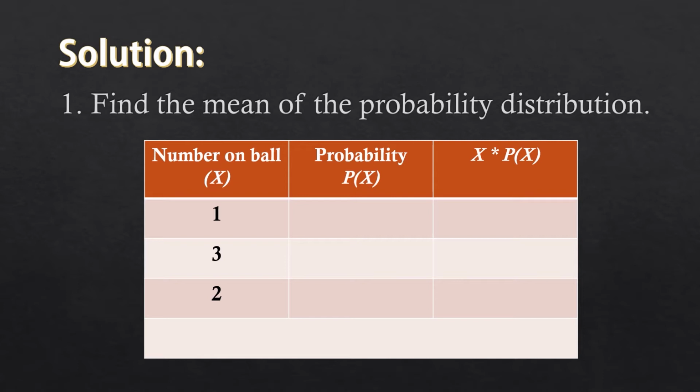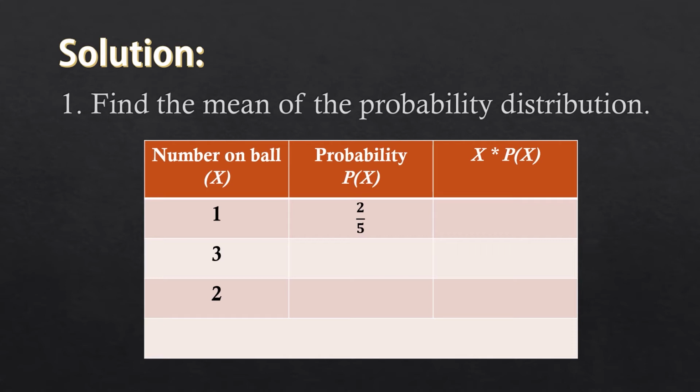For number 1, there are 2 balls with number 1. So the probability is equal to 2 over 5. Why over 5? Because there are 5 balls in the box.